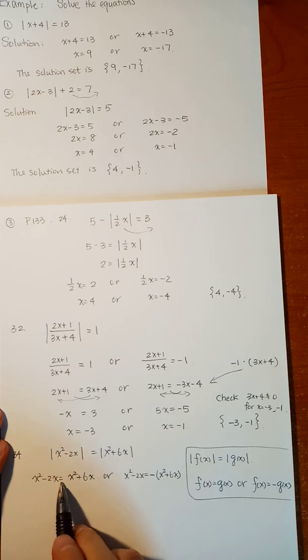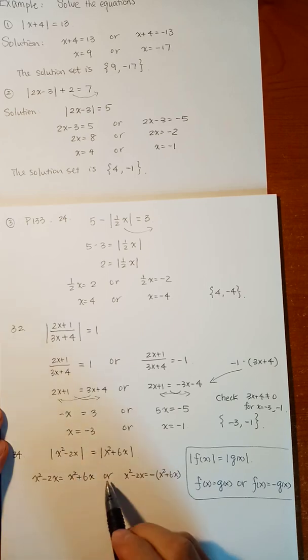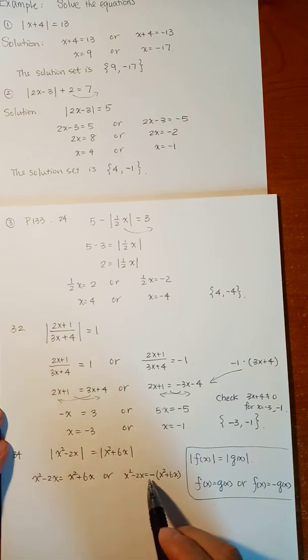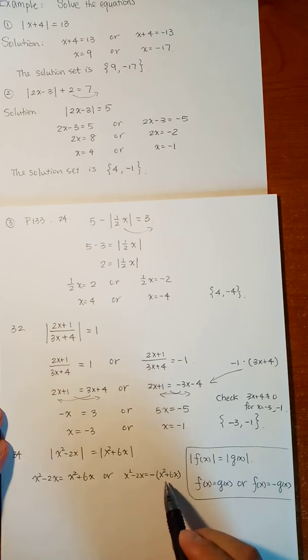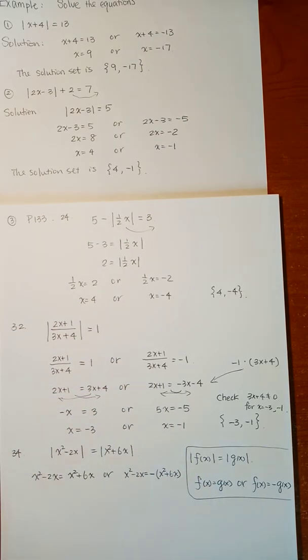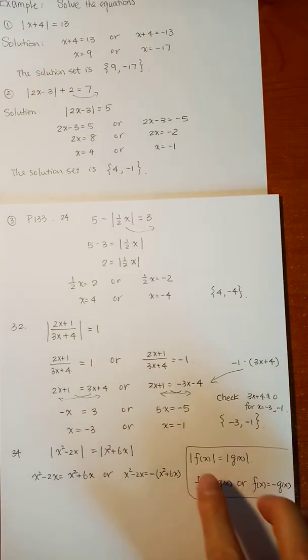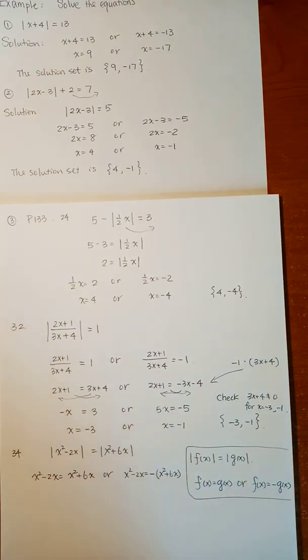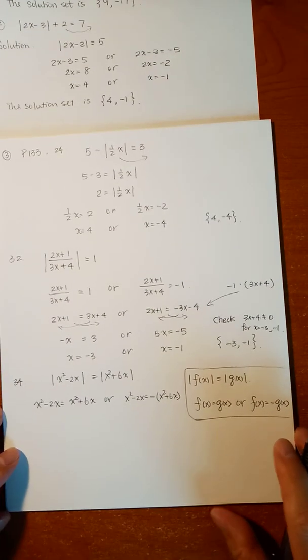So x squared minus 2x is equal to x squared plus 6x, or x squared minus 2x is equal to negative parentheses x squared plus 6x. All right, so two things have the same absolute value. They are almost the same, but possibly with a different sign.